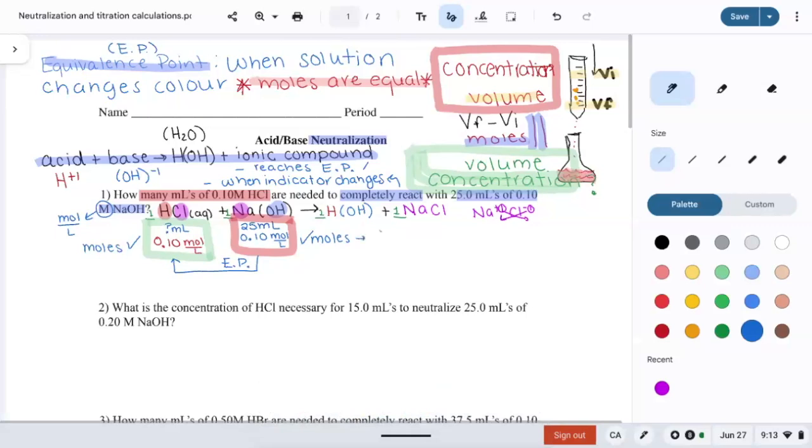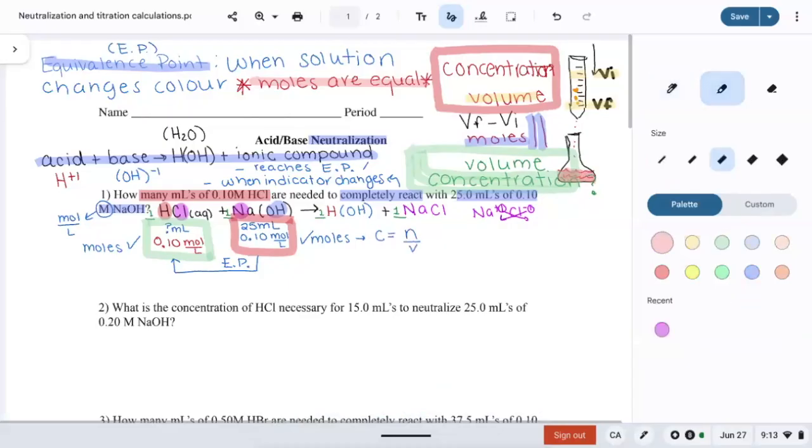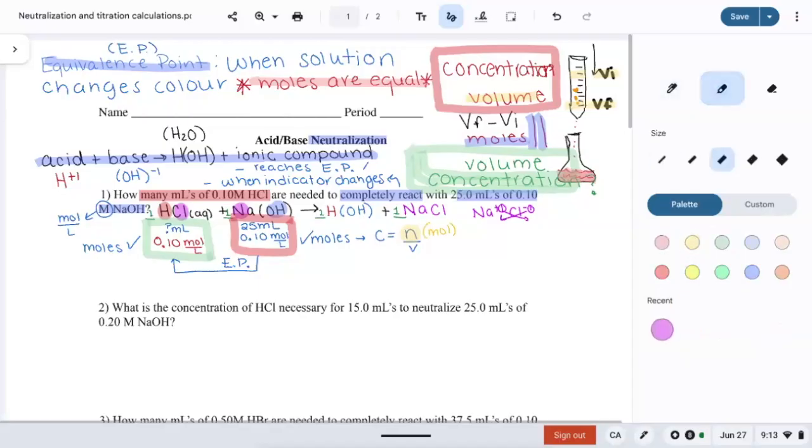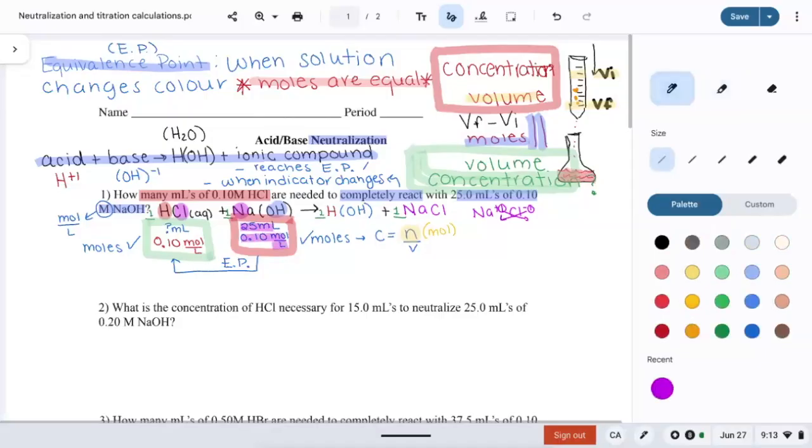Well, we can find the moles here using C equals N over V. N means mole. And we have C and V. Here's V and here's C.